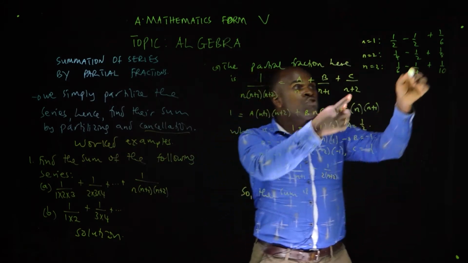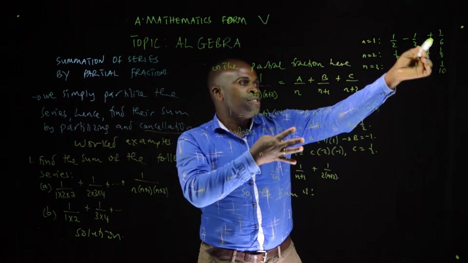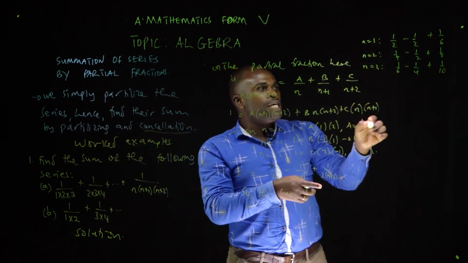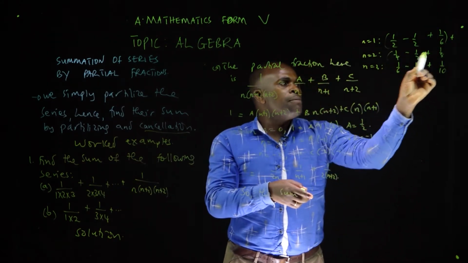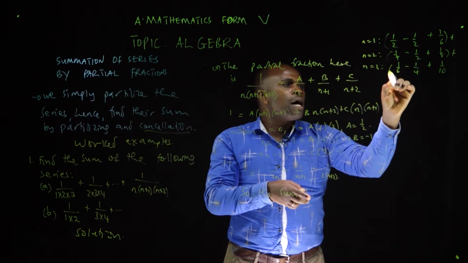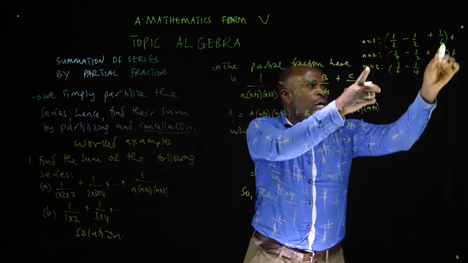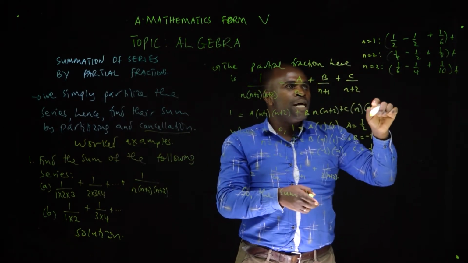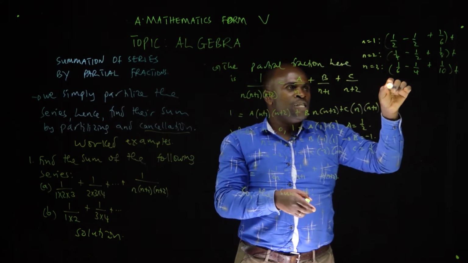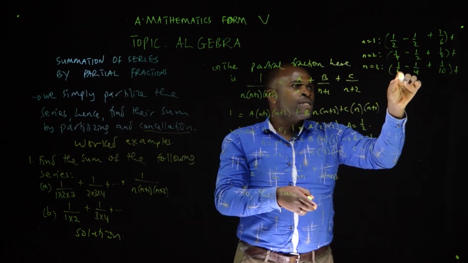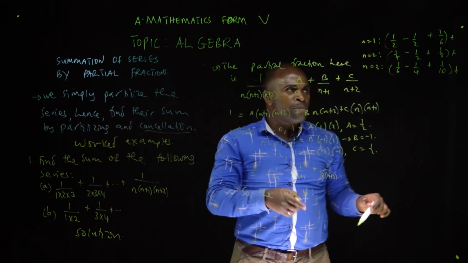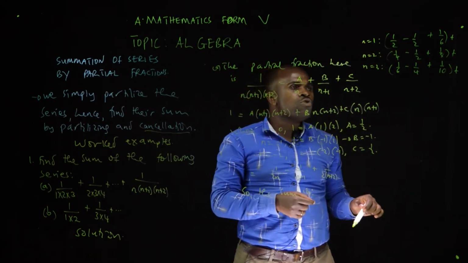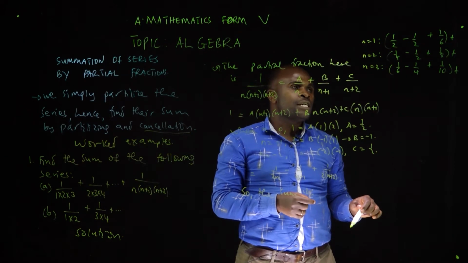When you check the trend for the series, you will notice that upon summing, keep on summing, algebraically this 1 over 6 and 1 over 6, when you sum, give us 2 over 6.